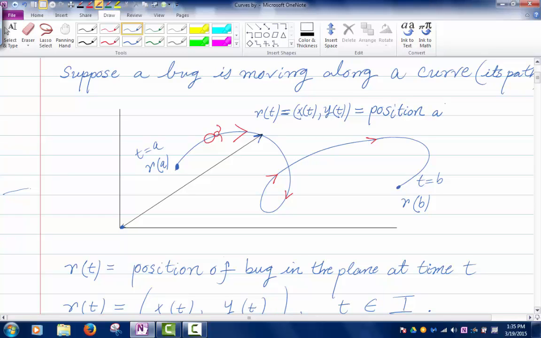R of t specifies the x coordinate and the y coordinate. Let's say at time a, R of a is the left-hand point of the curve. When time is b, let's say R of b is the right-hand point of the curve.